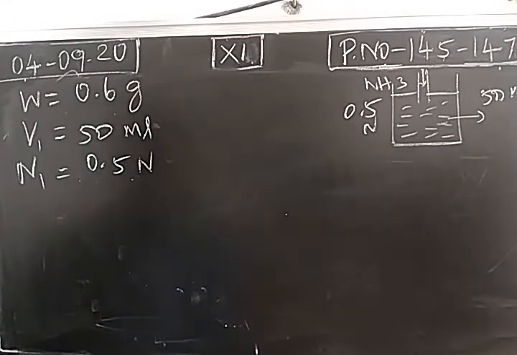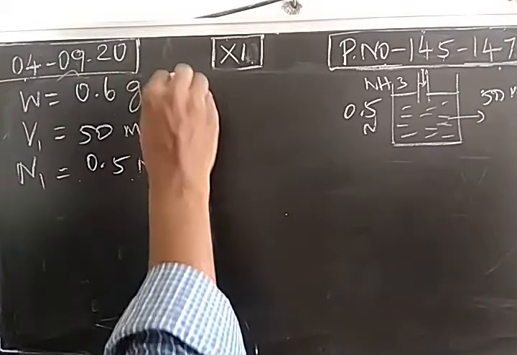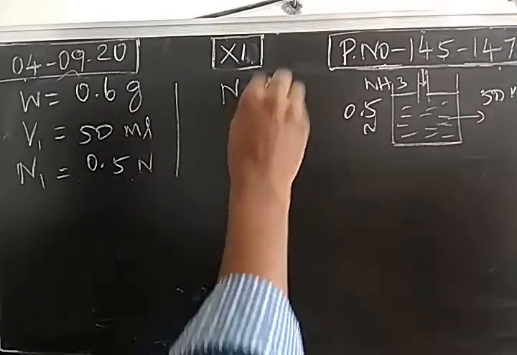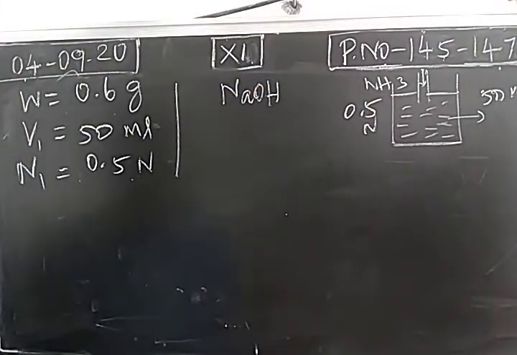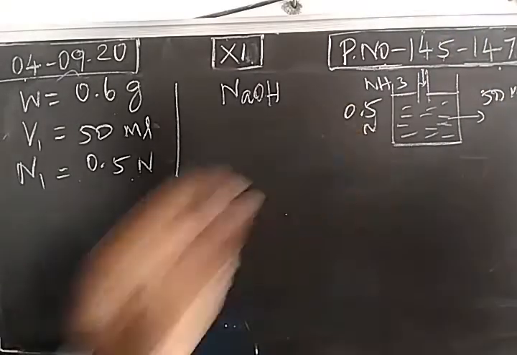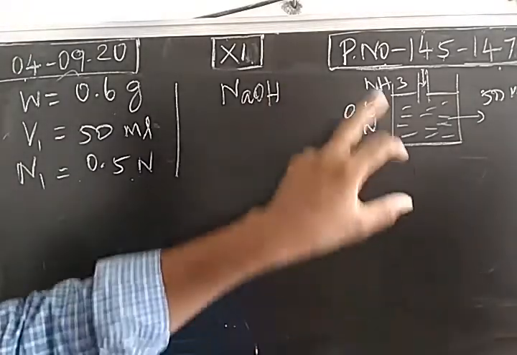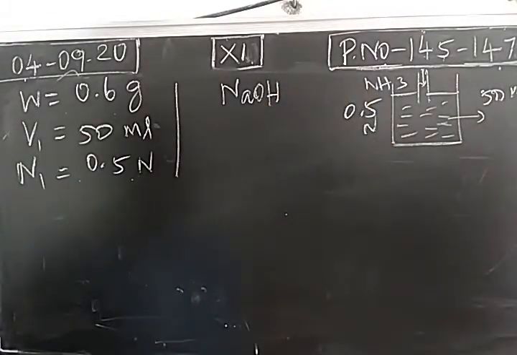For that, we have to take sodium hydroxide. Out of 50 ml, we need two values: how much sulfuric acid is remaining, and how much is utilized by this ammonia. The remaining sulfuric acid can be calculated using titration with sodium hydroxide.